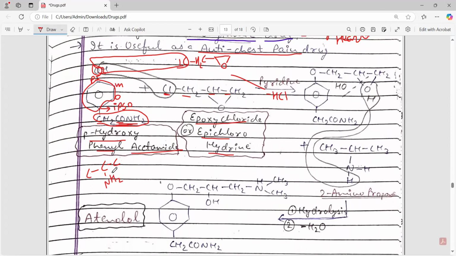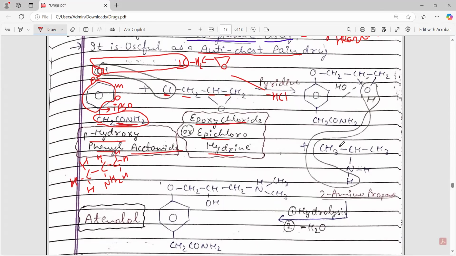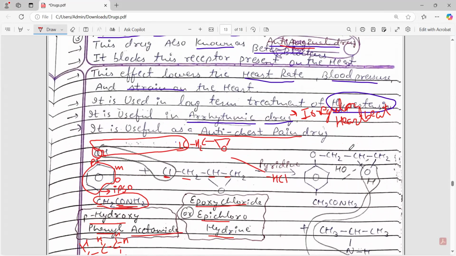Fill the valency of carbon with hydrogen, here H, here H.